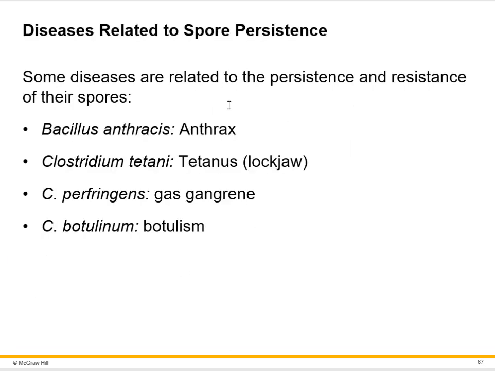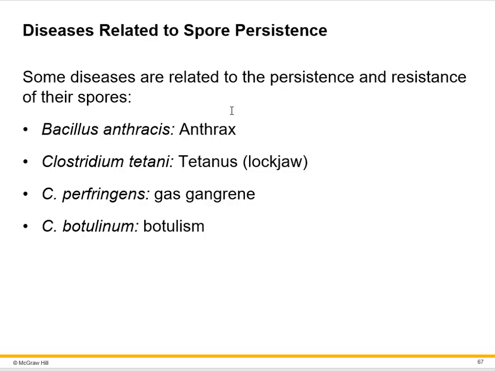So some of the organisms that produce this have the genus Bacillus or Clostridium. So anthrax, which we've heard about, causes a pretty severe respiratory illness, very deadly. Clostridium tetani causes tetanus, lockjaw. Clostridium perfringens causes gas gangrene, and Clostridium botulinum causes botulism.